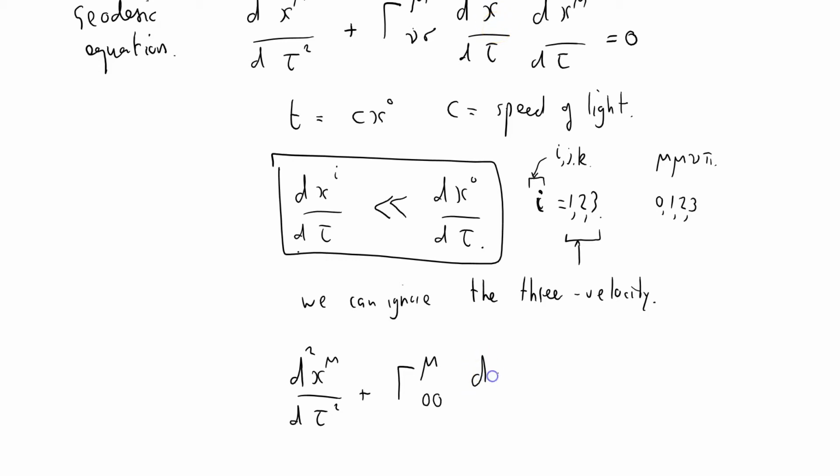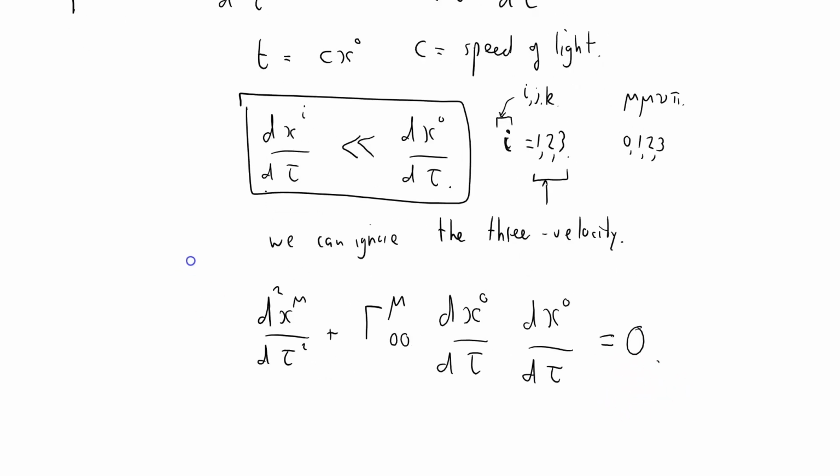And what have I got left? dx⁰/dτ dx⁰/dτ equals 0. I'm casually using 0 to mean two different things. I'm using it as an index here to refer to the time-like coordinate, and here as well, I guess. Equals 0, which is just a number that means nothing at all.